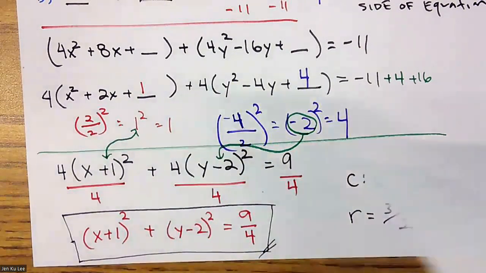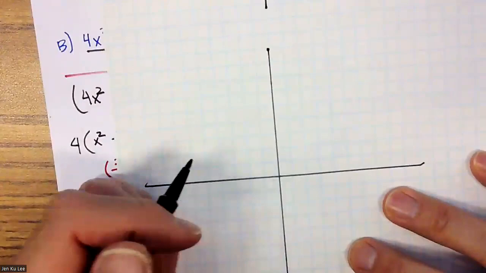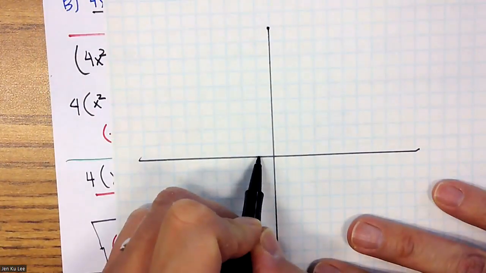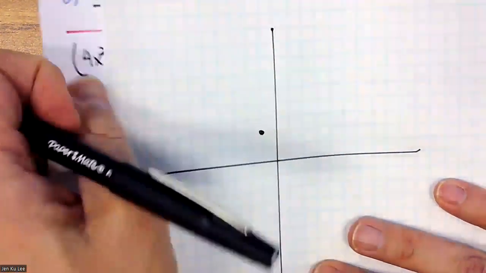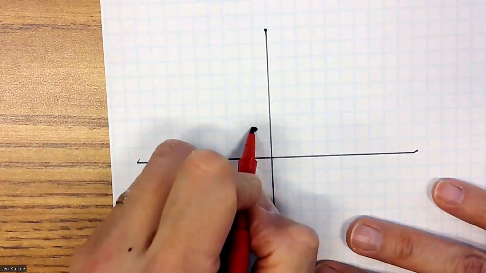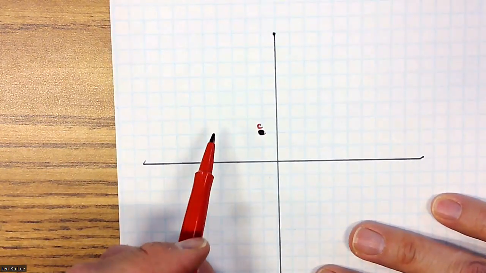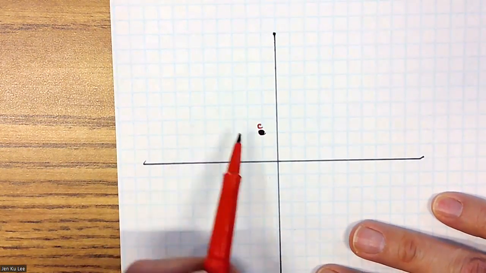All right. Now, lastly, I'm just going to graph this. Okay. My center is (-1, 2) right there. My radius is 3/2, which is 1.5.